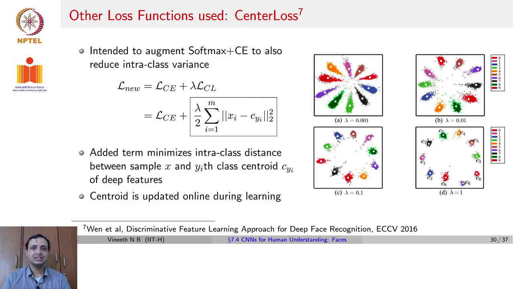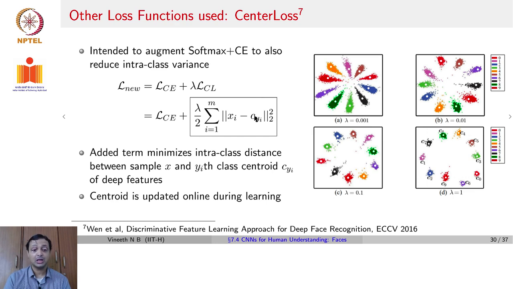Over the last few years, there have been other ideas to improve these loss functions. A lot of these have been used in the face analysis context. Center loss is another approach that was proposed in 2016, which was a loss added to the cross entropy loss, where in addition to the standard cross entropy loss, we also obtain a centroid for each class label, and for a point belonging to a particular class, we also minimize the distance of this representation to the centroid of that particular class which this data point belongs to.